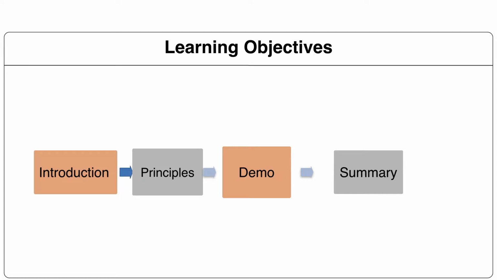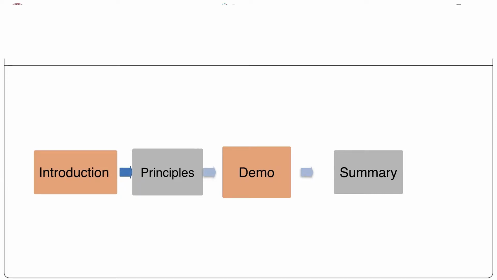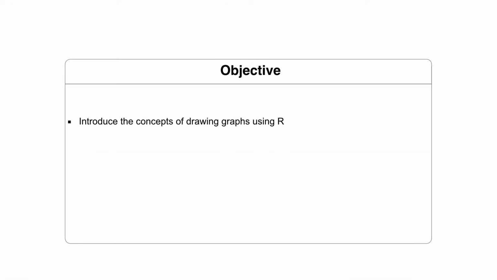Then we shall get into a demonstration of many different graphical features that are present in R, and then we shall summarize the main learning points. We'll keep the objective here very simple and single-focused. We are going to introduce you to the concept of drawing graphs using R software.